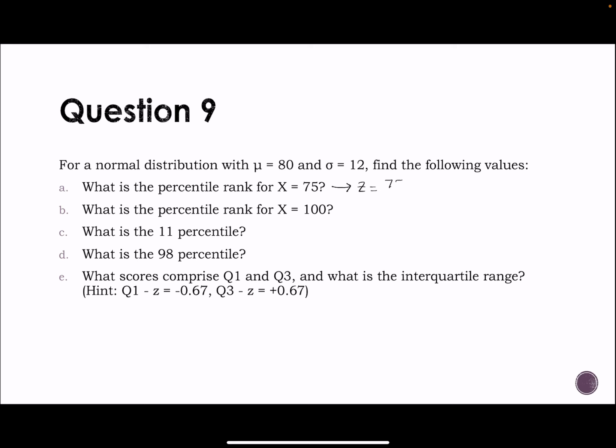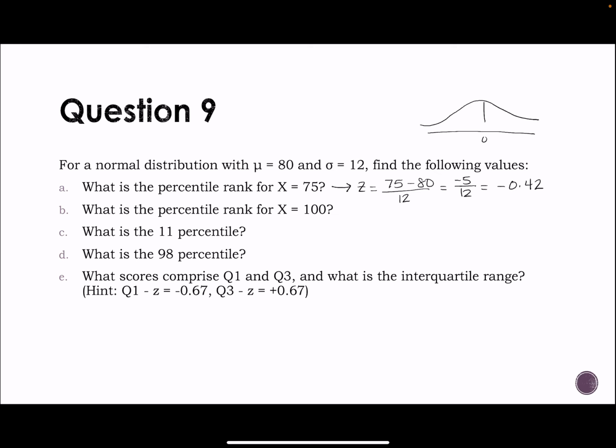I'm going to do 75 minus 80 divided by 12. When we do that math here, that's going to be negative 5 divided by 12, which is going to give us negative 0.42. Again, what we're going to do is on our z-score chart, we're going to look that up. Let me show you here really quick.